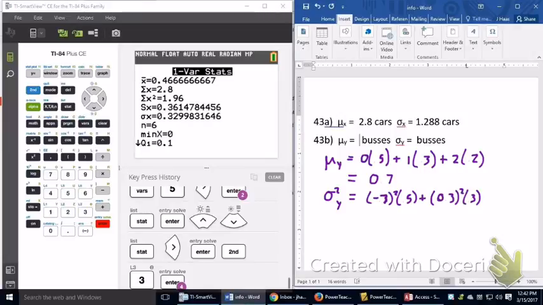I'm sorry, that first one should have been negative 0.7, squared. And then for the third one, 2 minus 0.7 is 1.3 squared, always squaring these deviations to keep the positives and negatives from canceling out, times 0.2. At this point, I'll need to reach for a calculator, and that will give me a variance of 0.61. And to get the standard deviation of y, I just take the square root of that, which is going to be 0.78.